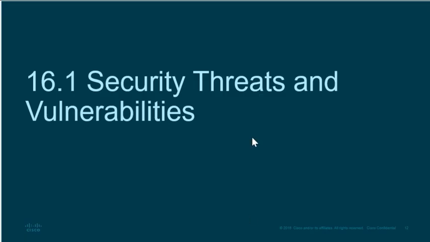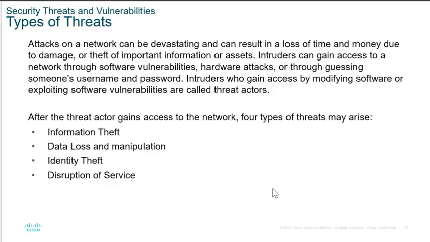Okay, so the first thing that we need to know about network security is identifying the security threats and vulnerabilities. So ada banyak cara where intruders can gain access to our network. One is through software vulnerabilities.